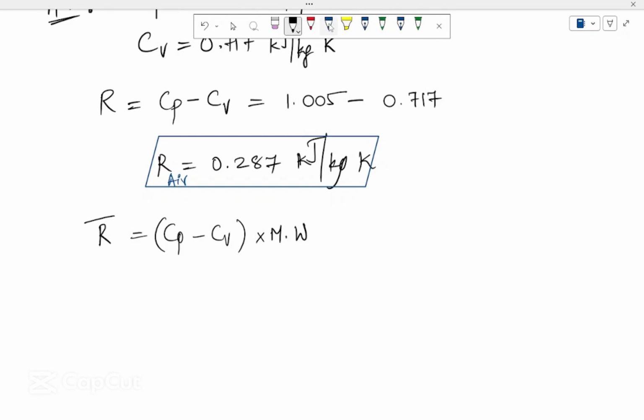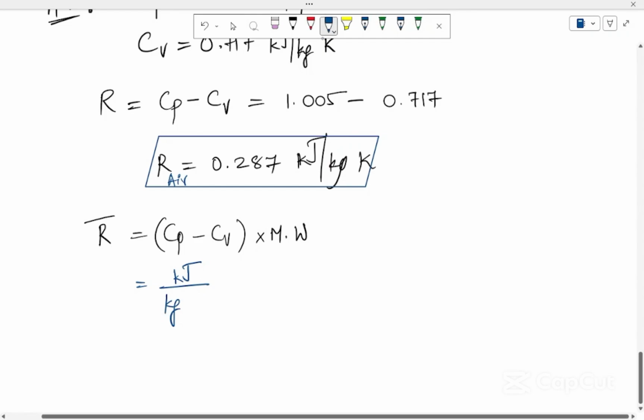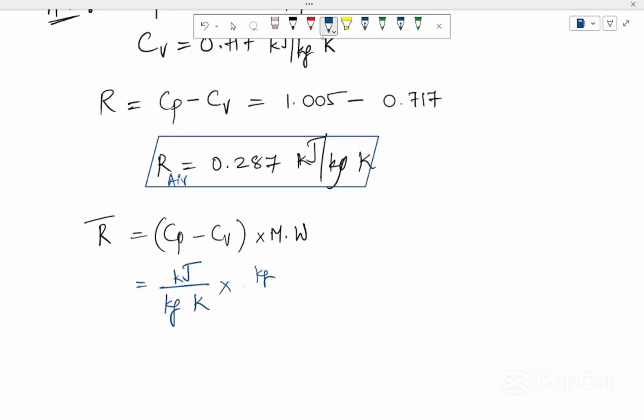Let me write it here. Kilojoule per kg Kelvin into the molecular weight, which is kg per kg mole. So here the kg gets cancelled, and what you get ultimately will be kilojoule per kg mole Kelvin.